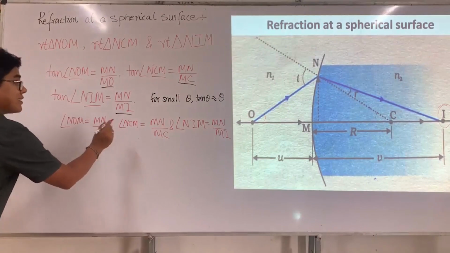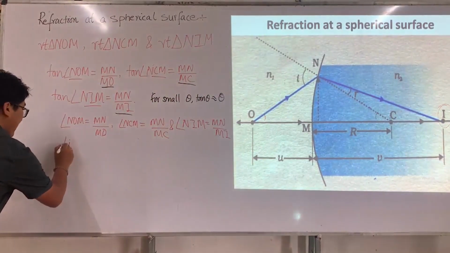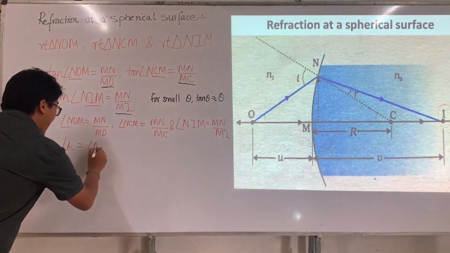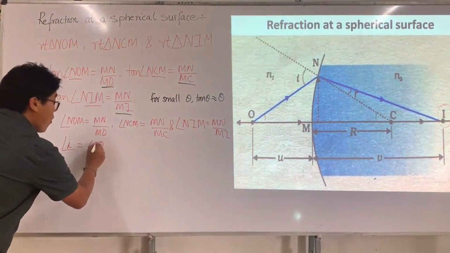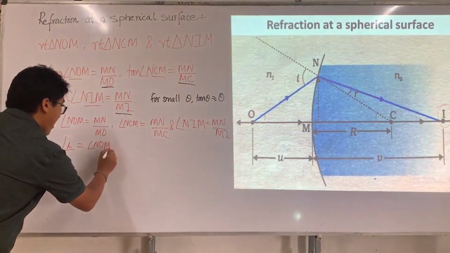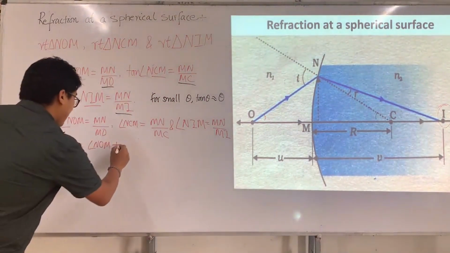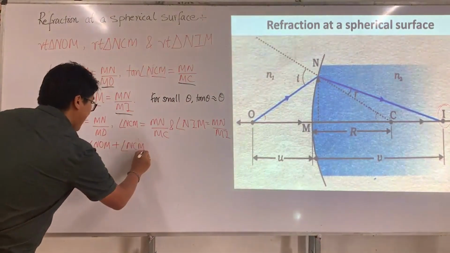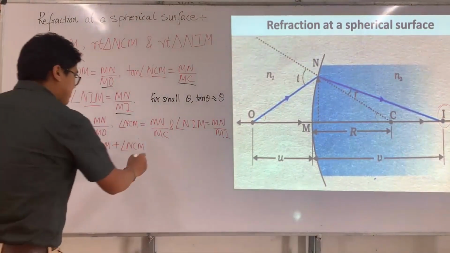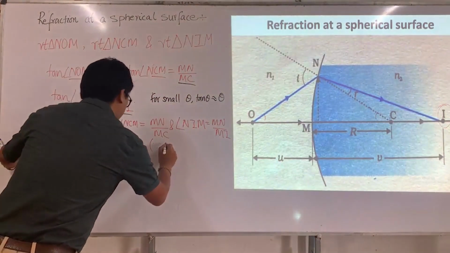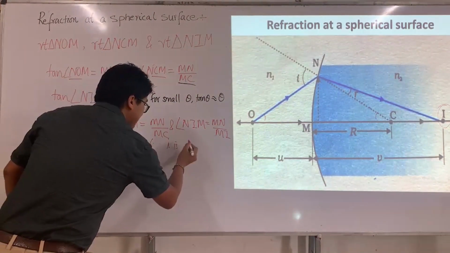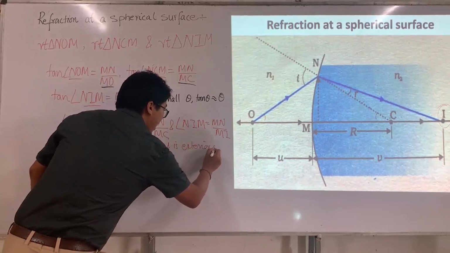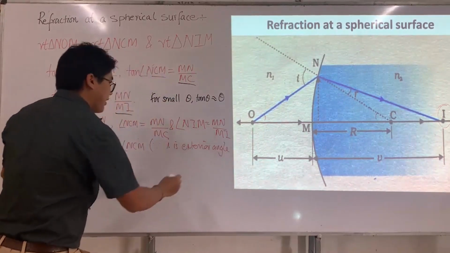Therefore, I just say angle I is equal to, how much is that? Angle NOM plus angle NCM. Why? Because angle I is exterior angle, right?